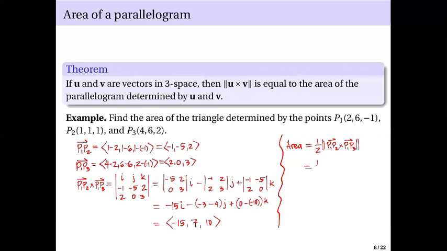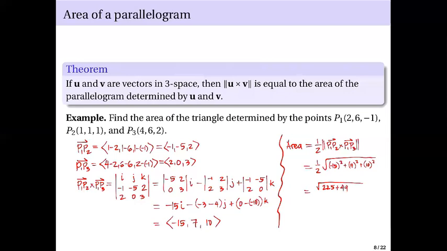But this is equal to 1/2 square root of negative 15 squared plus 7 squared plus 10 squared. 15 squared, that's 225. 225 plus 7 squared, that's 49.